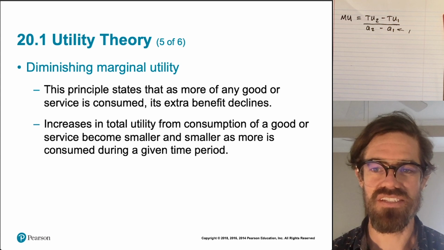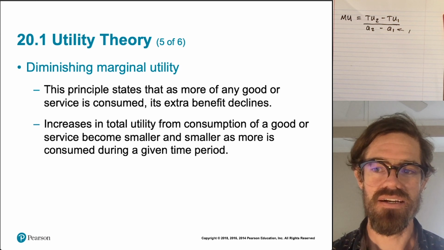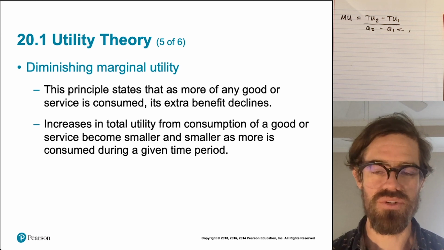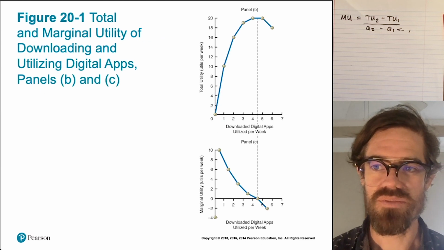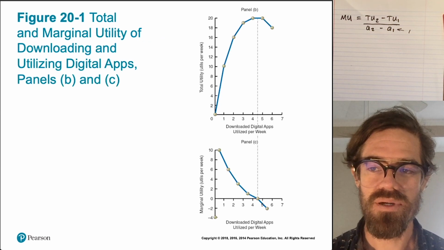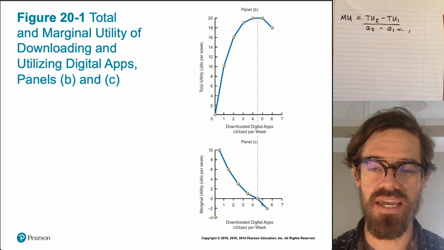But again, we can also think of this as the fact that the increases in total utility are getting smaller and smaller and smaller. So if I go back to this picture here, total utility on the top, right, the hill on the left side is increasing, but at a decreasing rate.